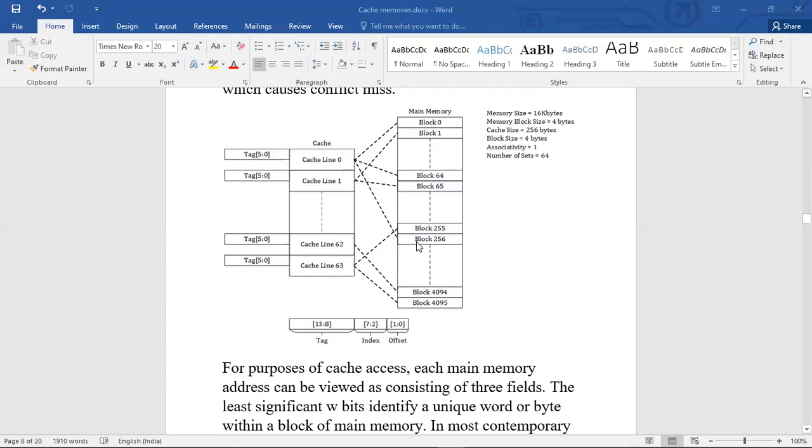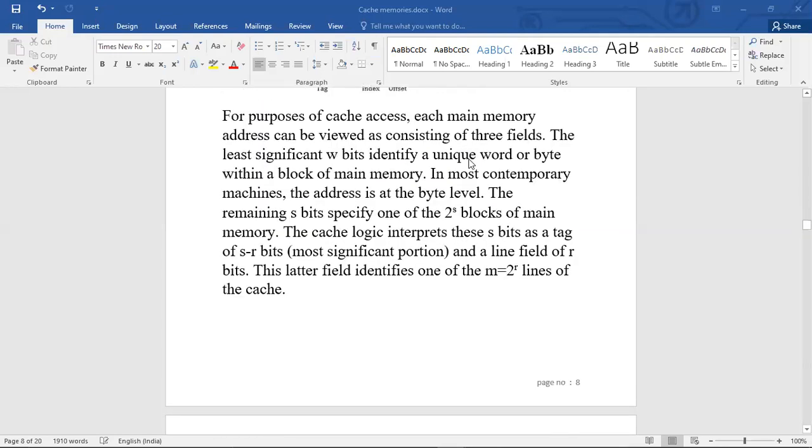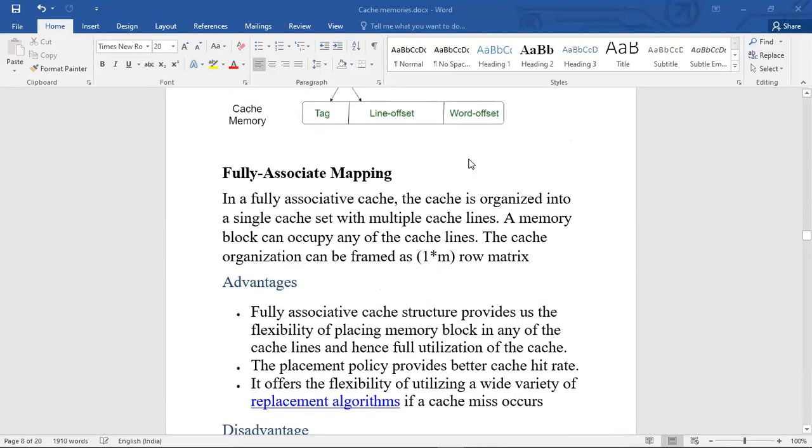So three blocks are mapped here. That's why conflicts may occur. This is the main disadvantage in direct mapping. Yesterday we finished that, and today we are going to discuss fully associative mapping.